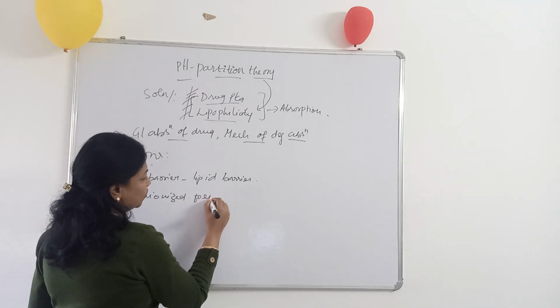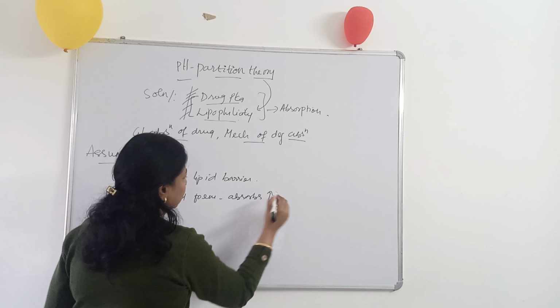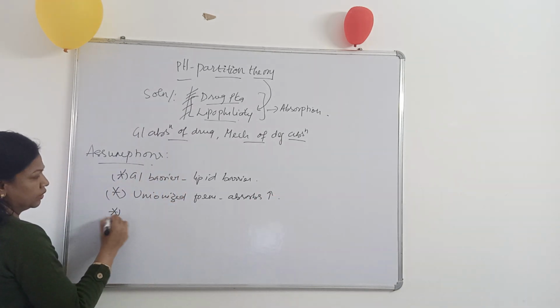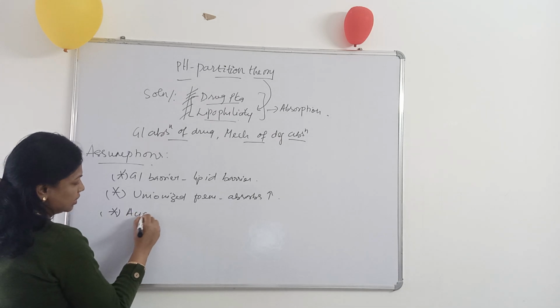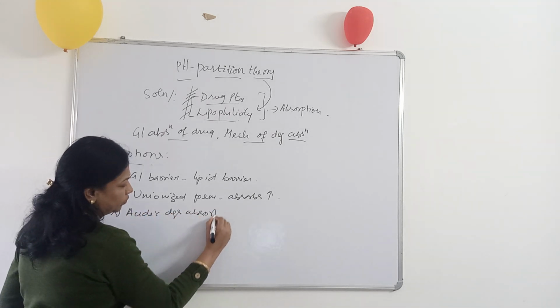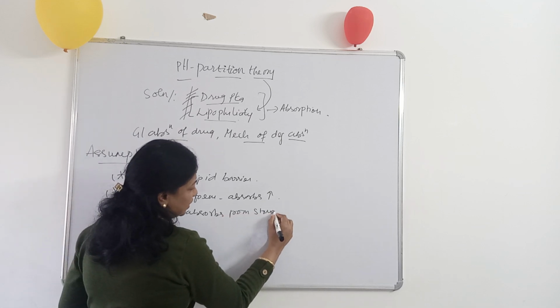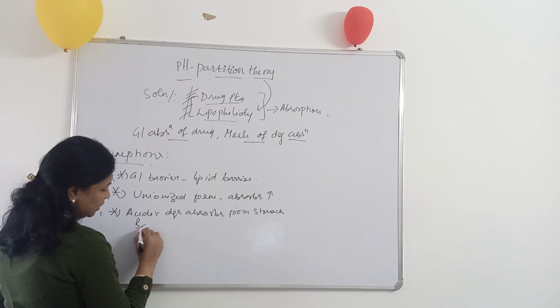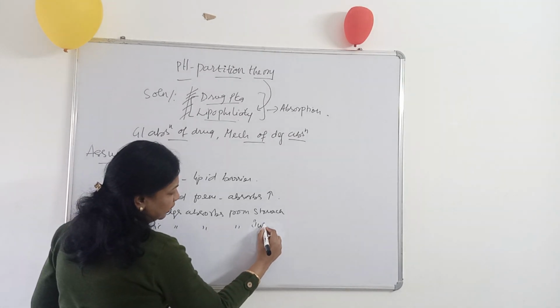So the unionized form absorbs more, and the drug where it will get unionized, that is, acidic drugs absorb from stomach, whereas basic drugs absorb from intestine.